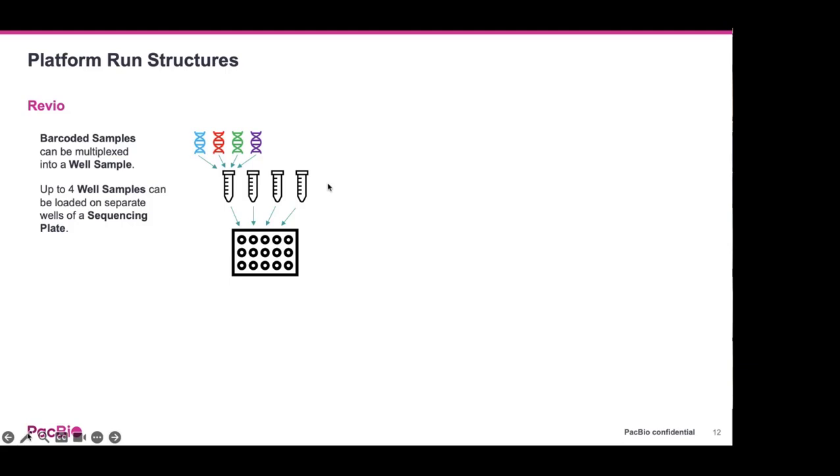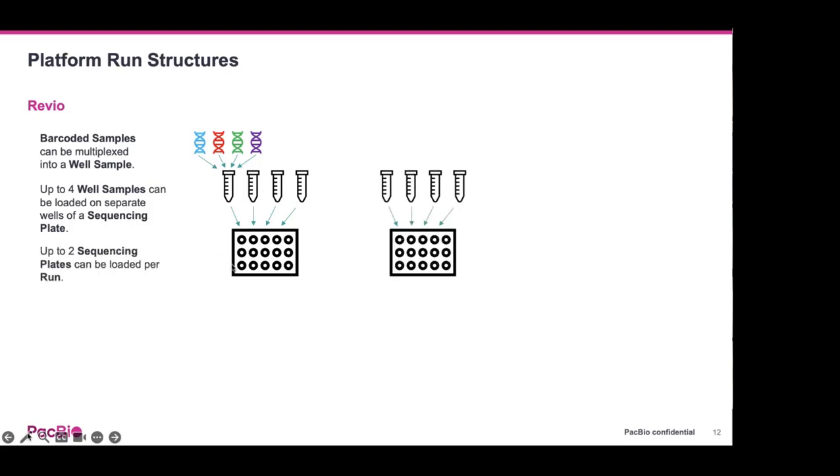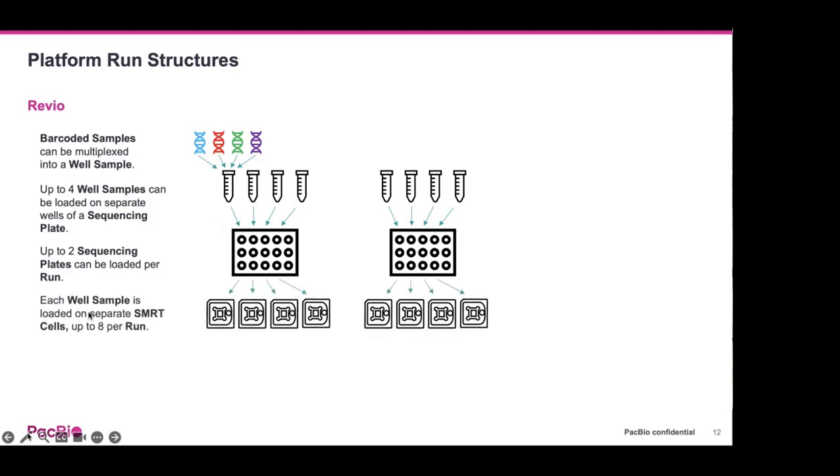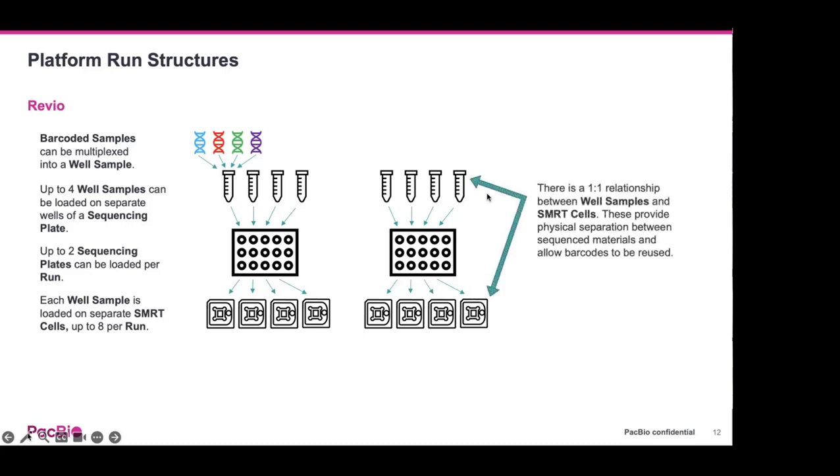So you can have up to 4 well samples on one sequencing plate, and you can have 2 sequencing plates per run on Revio. Each well sample gets loaded onto a separate SMRT Cell, so you can have 4 per sequencing plate, up to 8 per run. There's a 1-to-1 mapping between well samples and SMRT Cells.